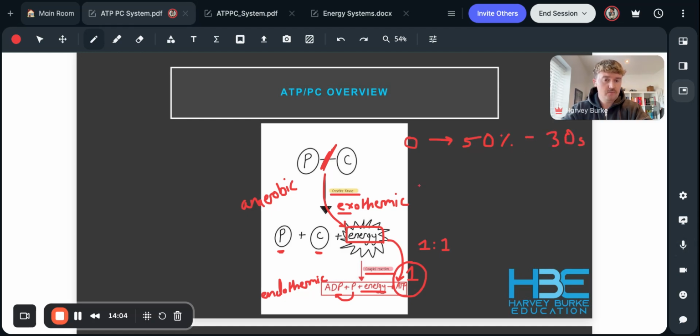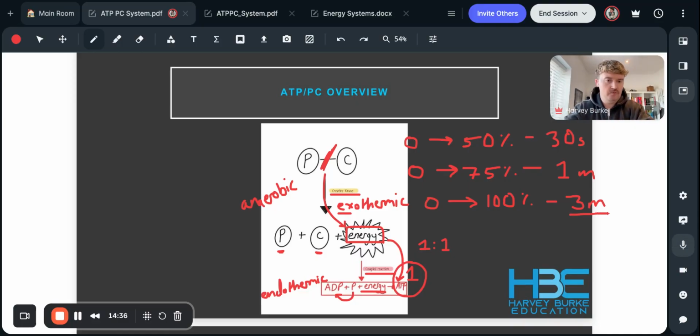To go from 0 to 75% only takes the body a minute. And to go from 0 to 100%, so from completely depleted back to full stores of phosphocreatine, only takes the body 3 minutes. So although you run out of phosphocreatine really quickly, you can actually replenish your stores rapidly.